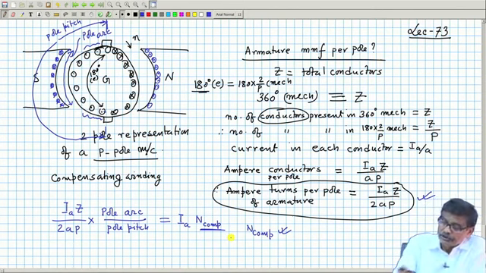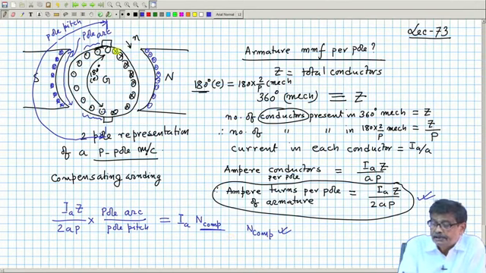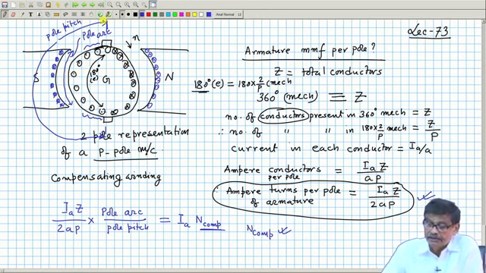Therefore, a portion of this uncompensated field will still be present, because of the unattended armature conductors present under the influence of the poles. That is to be done by what is called the compensating winding.